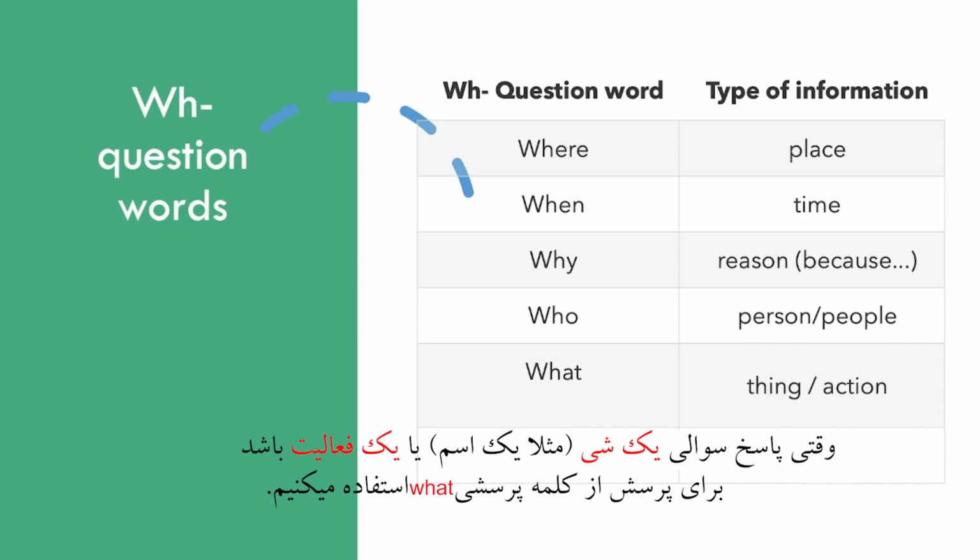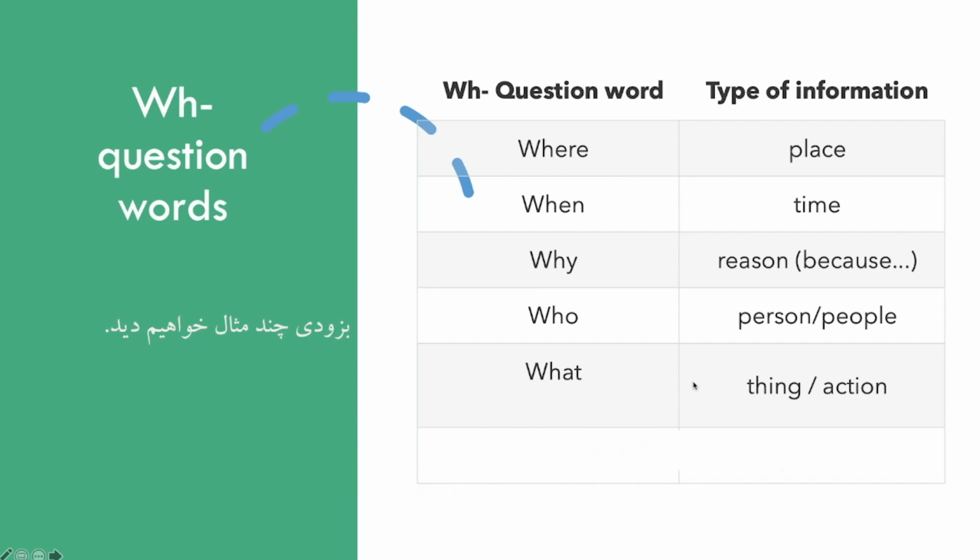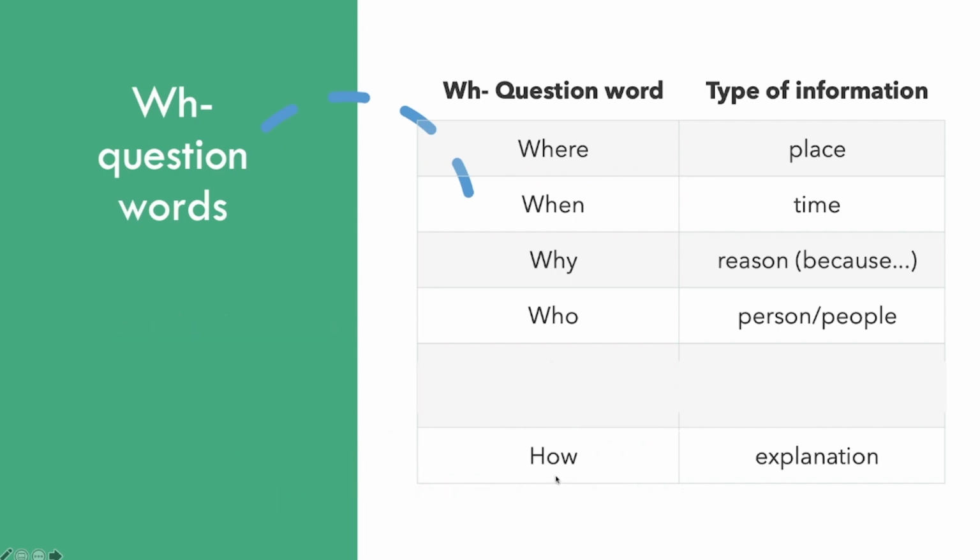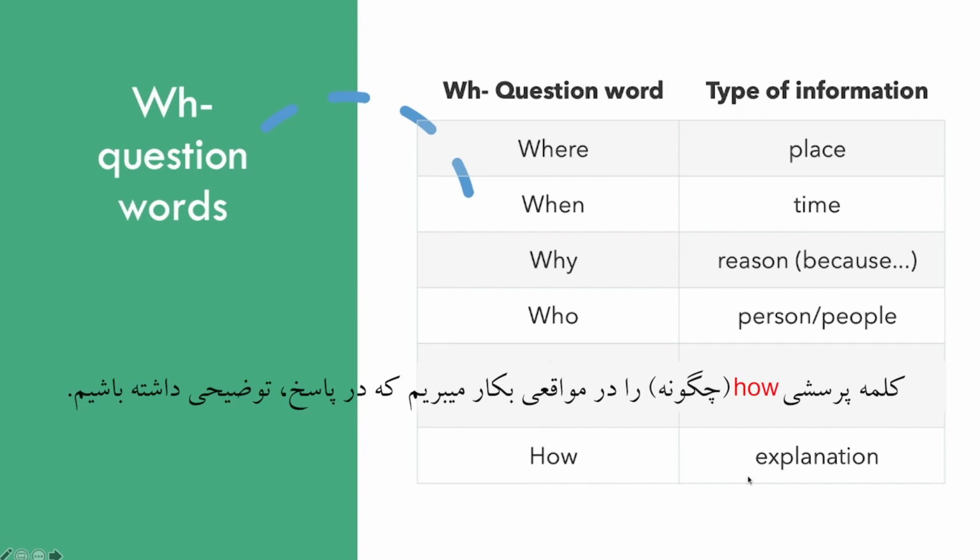For a question where the answer is a thing, okay, like a noun, or the answer is an action or an activity, we use what. Okay, we will see some examples soon, and how we use if the answer is an explanation.